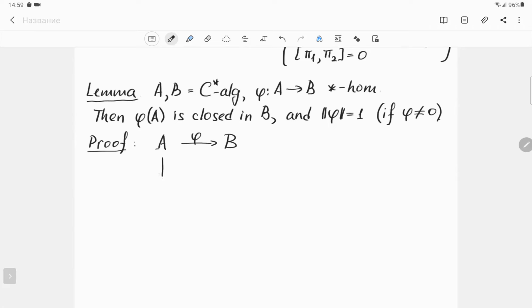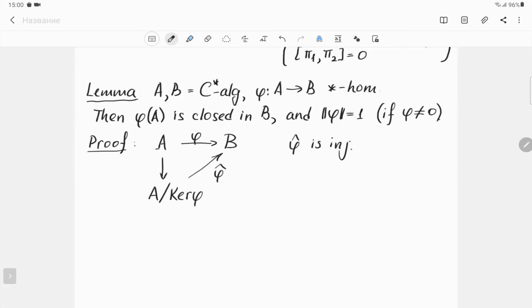So we can consider the quotient of A modulo the kernel of phi. The kernel of phi is a closed two-sided star ideal, so the quotient becomes a C-star algebra. And we can factorize phi through the quotient. So we get a star homomorphism phi hat, which makes this diagram commute, and which is injective.